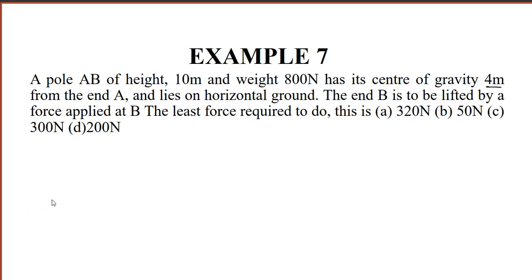The end B is to be lifted by a force applied at B. The least force required to do this is, now let's go, we have a pole A, B, that is 10 meters. The weight of the pole from A is 800 Newton. This is 4 meters according to the question.